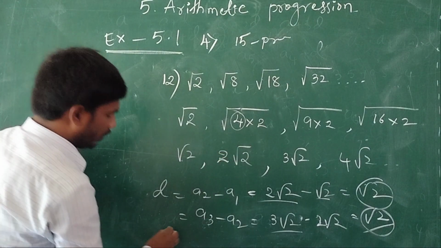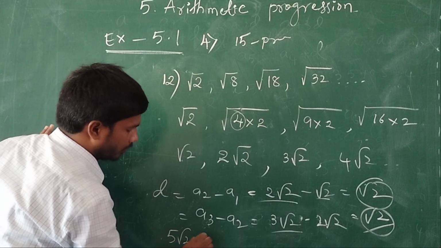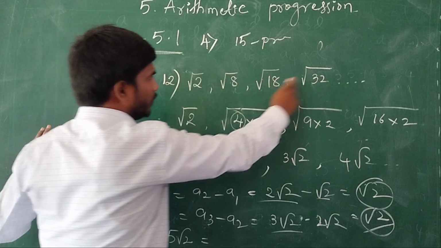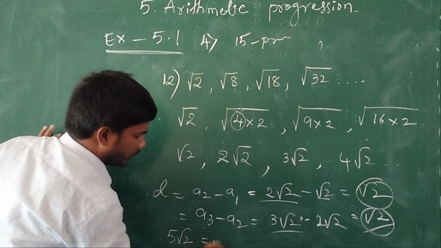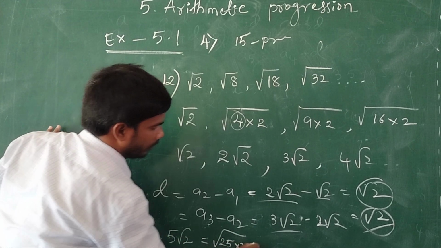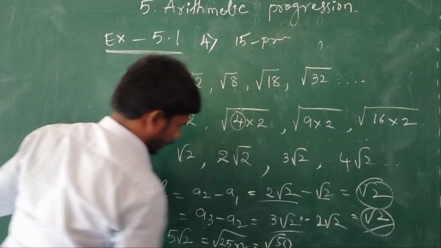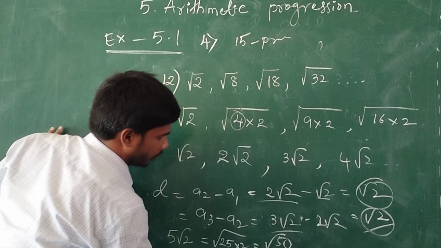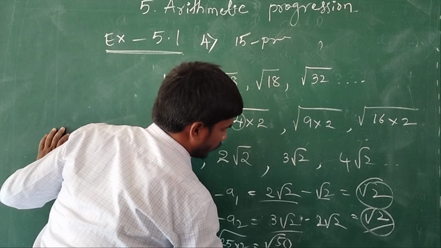Next terms. After 4 root 2 comes 5 root 2. If you want to write this 5 root 2 in this format, taking the 5 inside, it becomes 25 into 2, that is root 50. Next, 6 root 2 is 36 into 2, root 72.